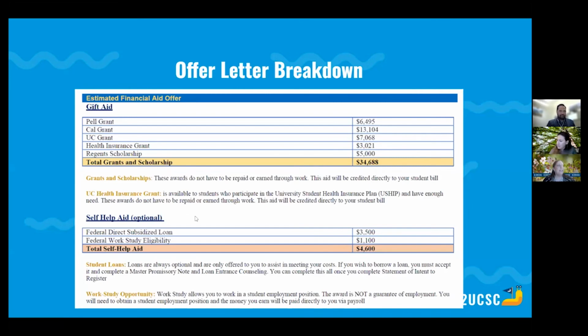We did go over them, but I'm going to go through each loan type from the top down. A federal direct subsidized loan is a federal loan that you would borrow from the Department of Education. The interest is paid by the government while you're in school, so there's no interest accrual while you're attending school.